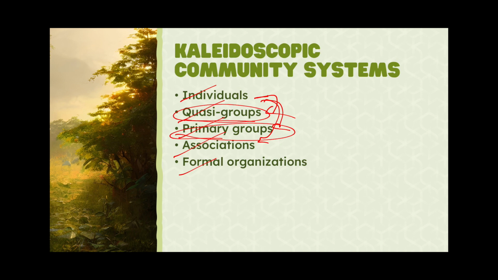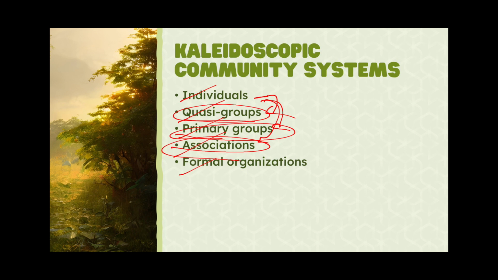So of course you have the family as a primary group. You have the friendship circles as a primary group. So these are the non-formal social groups that are more or less permanent, or more long-standing than quasi groups, right? And then we have associations. Associations are larger, more organized groups of people that are working towards a particular struggle or a particular aspiration or ambition or goal.